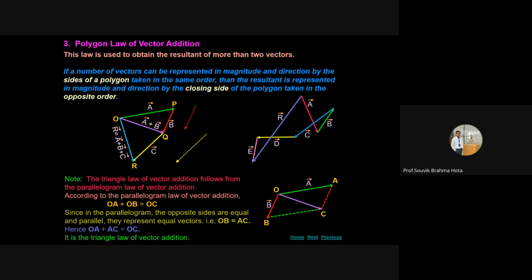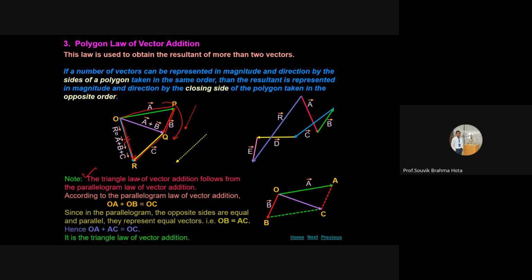If I consider from O to P, it is one side, P to Q, Q to R. So the closing side is O to R, but it should be taken in the opposite order, not in the same order. This is clockwise, but that is counterclockwise. So the closing side of the polygon taken in opposite order will represent the resultant of it.